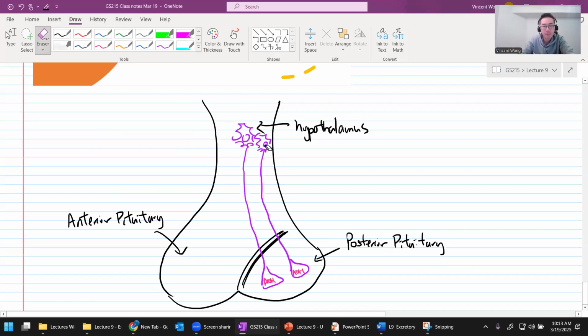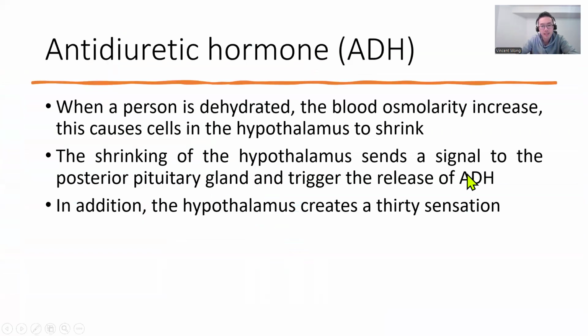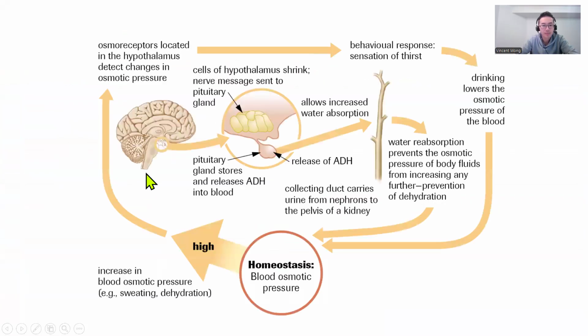So when the cells here in the hypothalamus, the neurons, shrink, it triggers an action potential that will go down the axon, and then you will release the ADH from the posterior pituitary gland. Okay, so that's the relationship between the hypothalamus and the PP, the posterior pituitary. So what happens next? Well, what happens next is a couple of things.